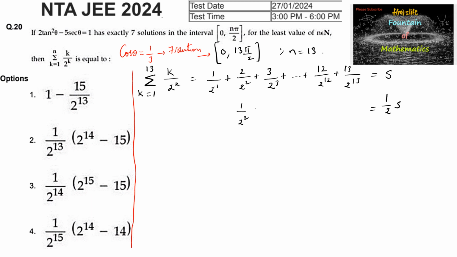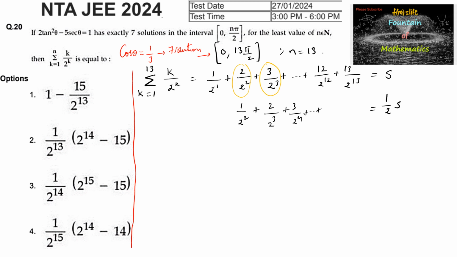Let us write here below 2 square, and 1 by 2 into 2 by 2 square will become 2 by 2 power 3, and 1 by 2 into 3 by 2 cube will become 3 by 2 power 4 and so on.